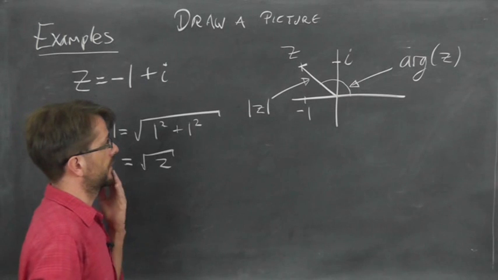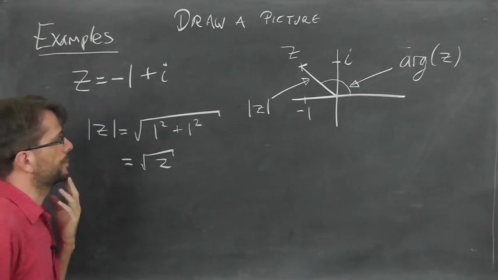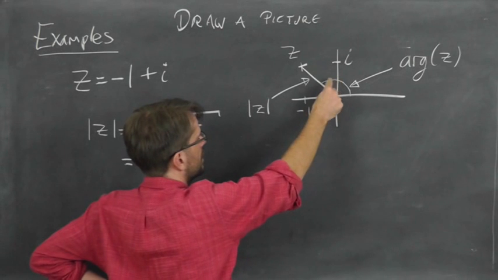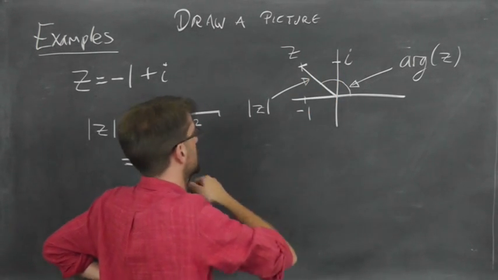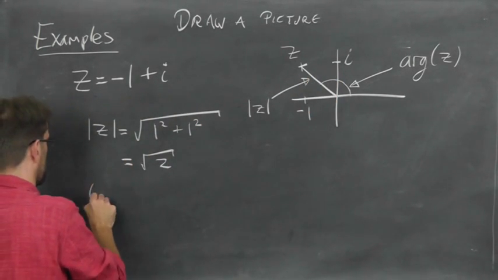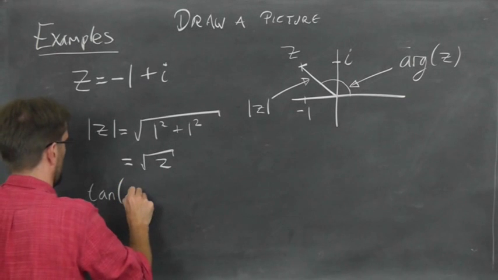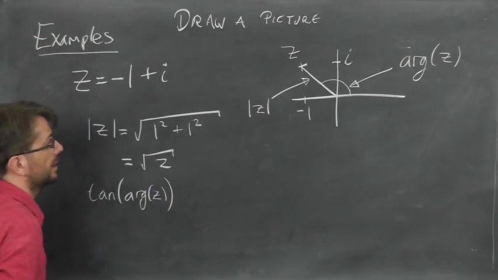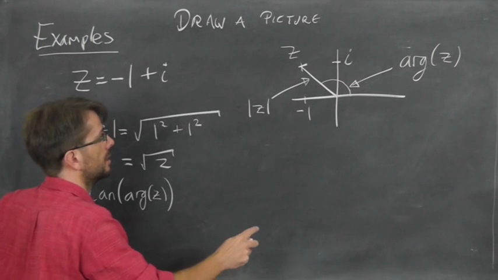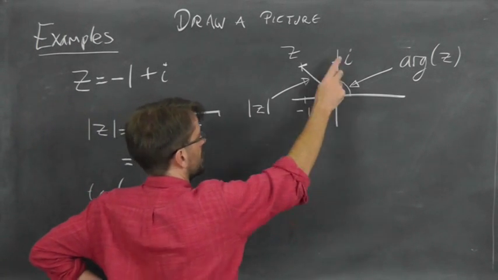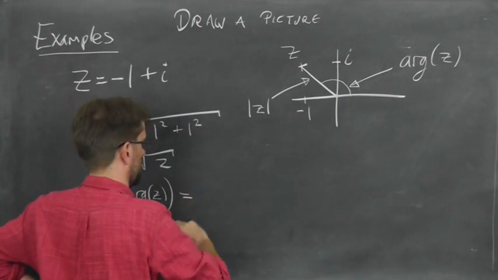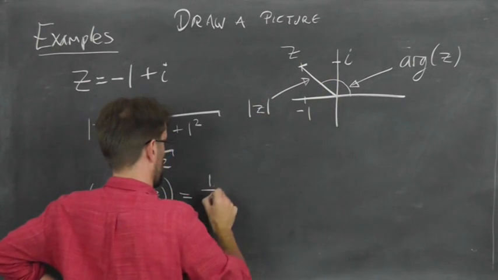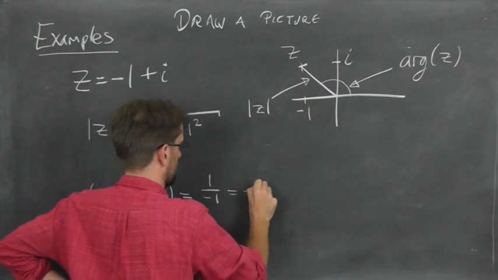And what's the argument? Well, if you just calculate tan, if we do what we did last time, what we know is that the tan of arg z is going to be b over a. So the height is 1, and we go -1 in that direction, so it's -1.